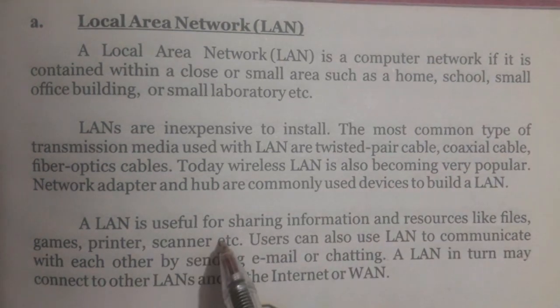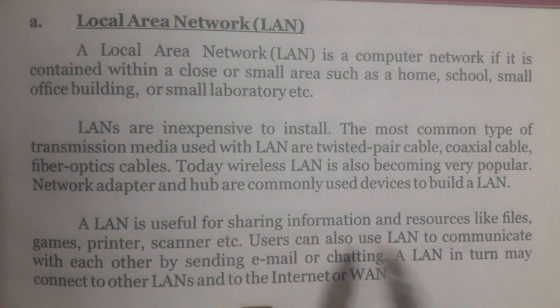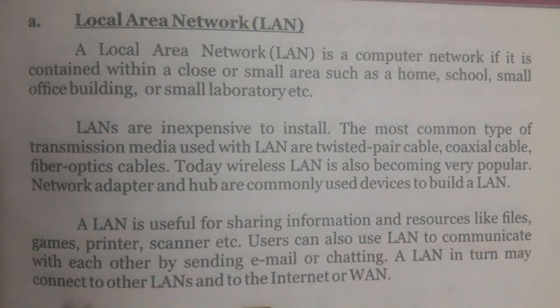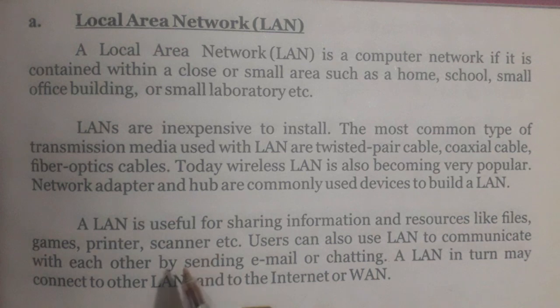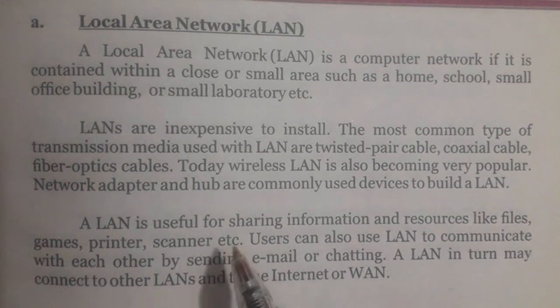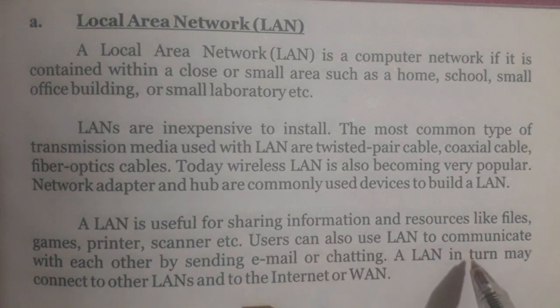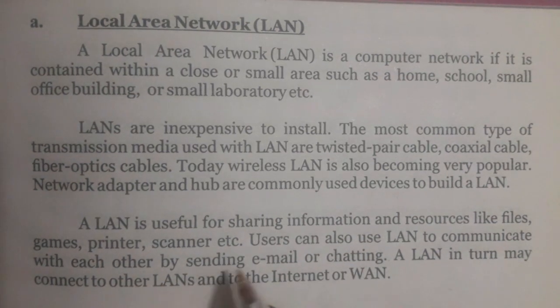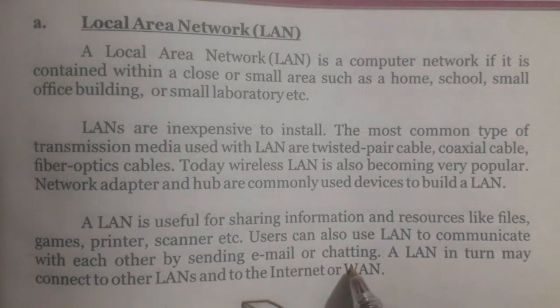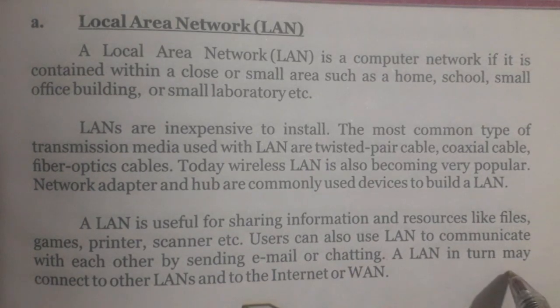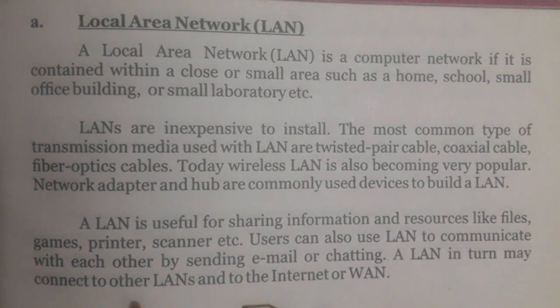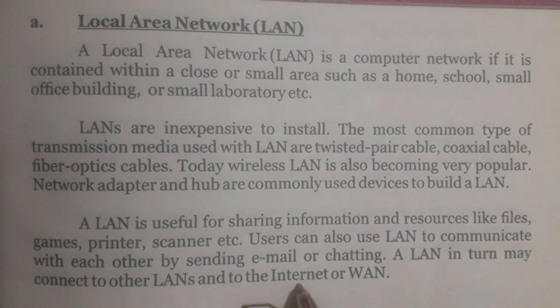A LAN is used for resource sharing, and resources like files, games, printer, scanner can be shared using a local area network. Users can also use LAN to communicate with each other by sending email or chatting. A LAN in turn may connect to other LANs and to the internet or WAN.